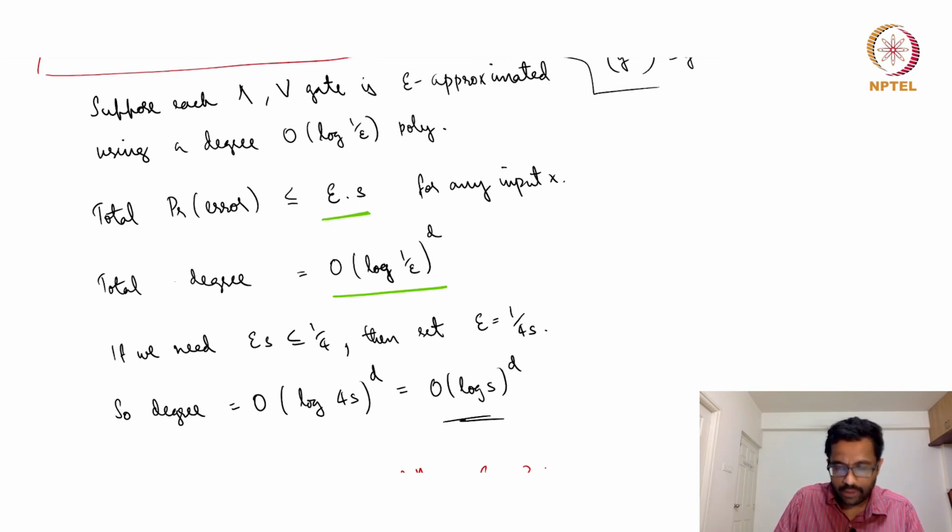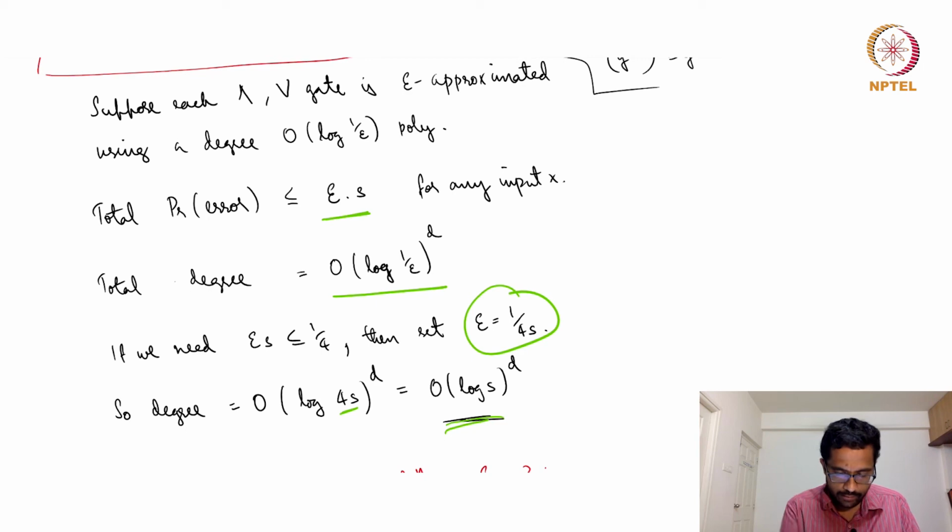So we set epsilon to be 1 divided by 4s. Now we plug this value of epsilon into the degree. So 1 by epsilon is 4s. So order log 4s whole power of d. But log 4s is simply log 4 plus log s, which is 2 plus log s. But then we have the O notation which can absorb that. So it simply boils down to order log s whole power d.